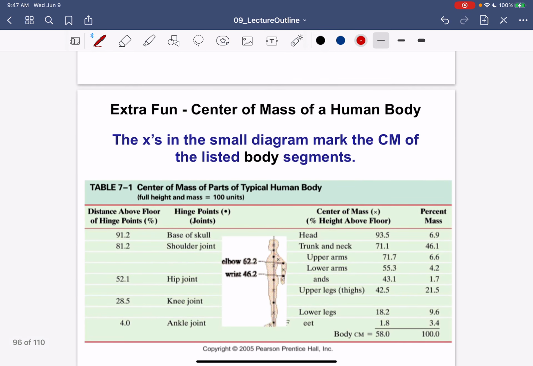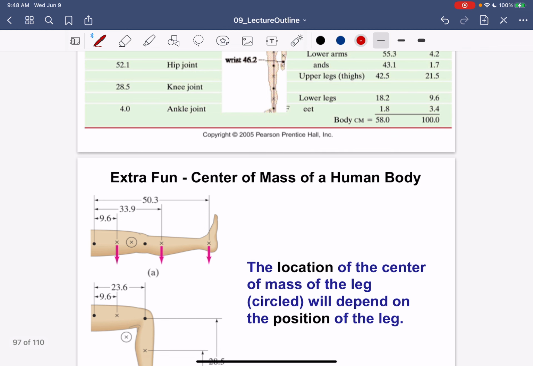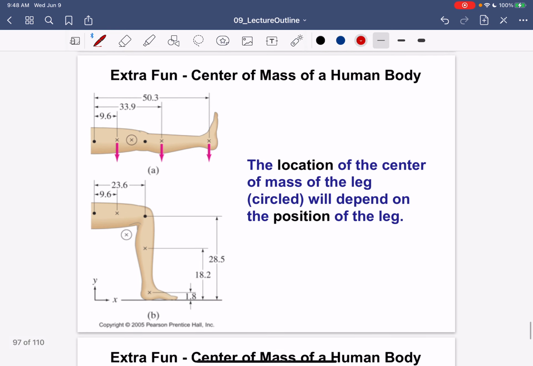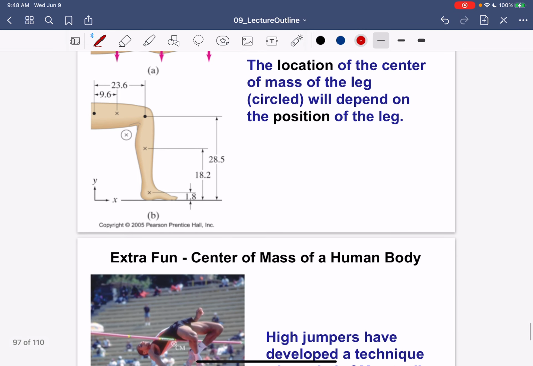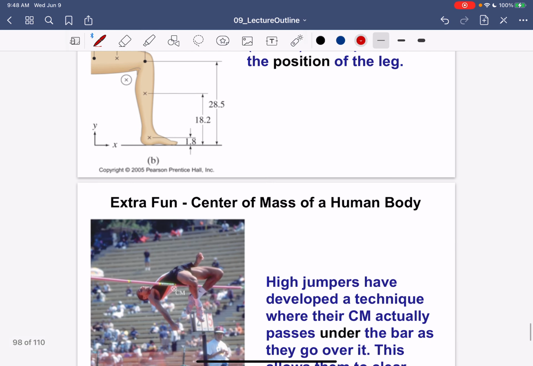Now, this is extra fun. I want you to look at it. For me, it's not required, but it talks about the human body. One of the questions here is about the location of the center of mass of the leg when it is straight versus another position, the bent one.